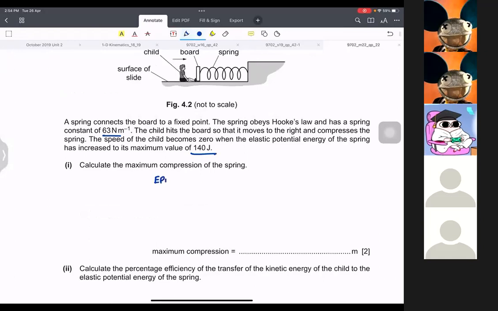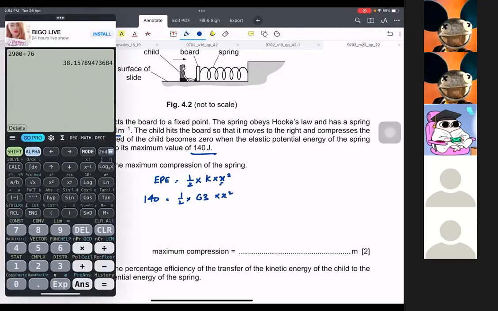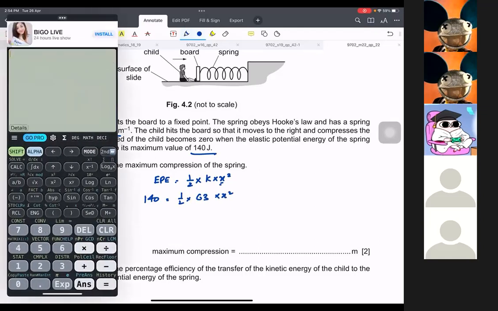Elastic potential energy has the formula half times kx squared. So we want to find this compression. This is 140. This is half. This is 60. We want to find this. So 2 times 140 divided by 63.